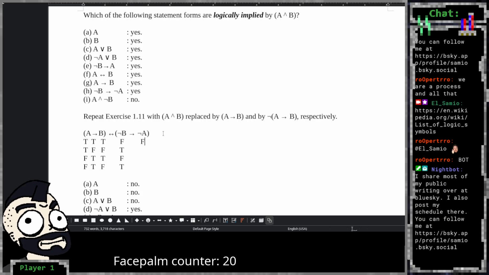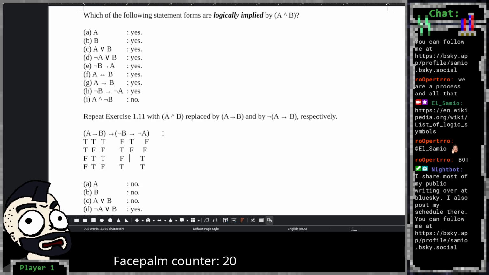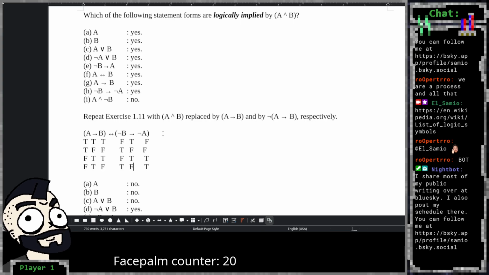Negated A is false. False. True. True. So false implies false? Yes. False implies true? No. True implies false? No. False implies true? Yes. True implies true? Yes.